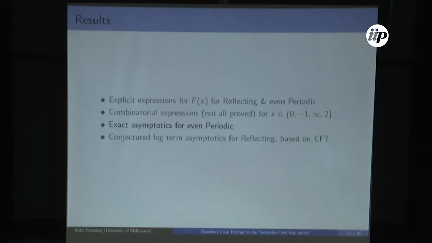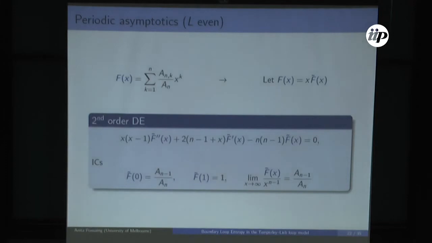So that's all the finite stuff, but what we've managed to do as well is to get some asymptotics in order to compare it with physics. So in the periodic case, asymptotics of f. This is a polynomial without a constant term.